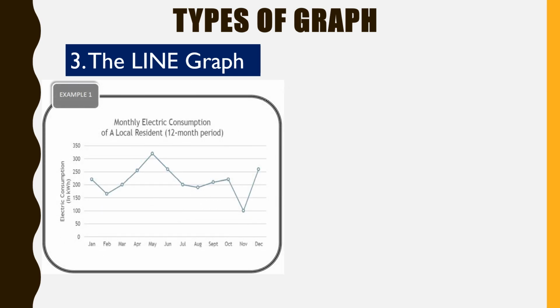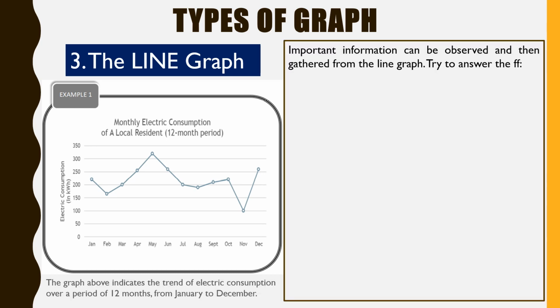Let's look at the first example. Once again, we will answer some questions based on this graph. Question number 1, what two quantities are being considered in the line graph? This question is simply asking about the labels of the x-axis and the y-axis.